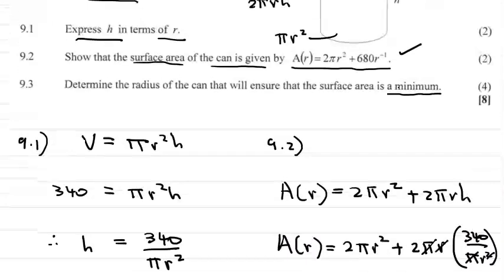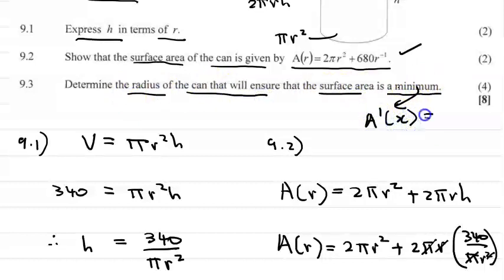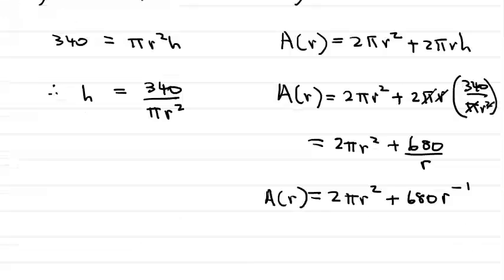The next question says determine the radius of the can that will ensure that the surface area is a minimum. Once you see minimum, then you're going to take the derivative of your function and equate it to 0, and you're going to solve. So A prime of r equals 0, and we're going to solve for r. r is the radius.